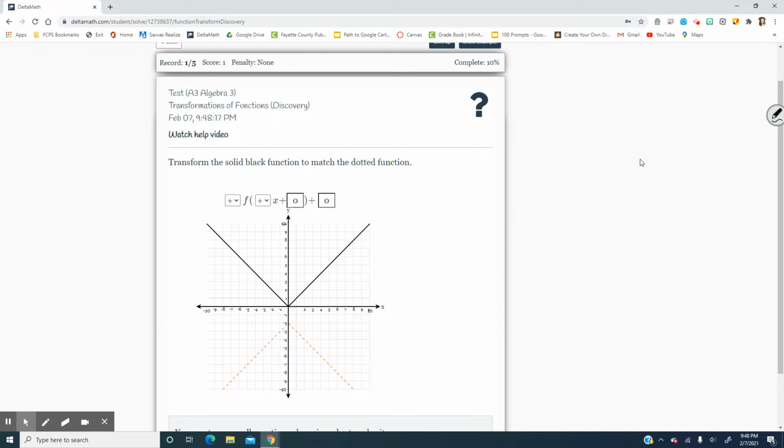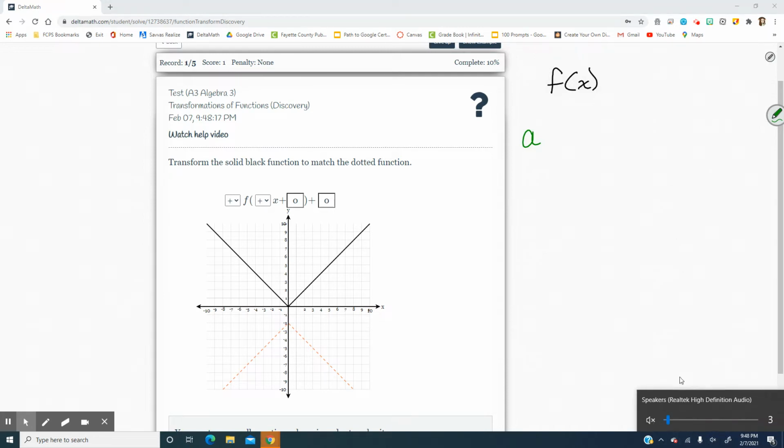The model they're following here is we have our basic parent function, or whatever function we have, f of x. And we're going to do different things to that function. Maybe there's a number out in front, a times f of x. Now that x could be positive or negative.